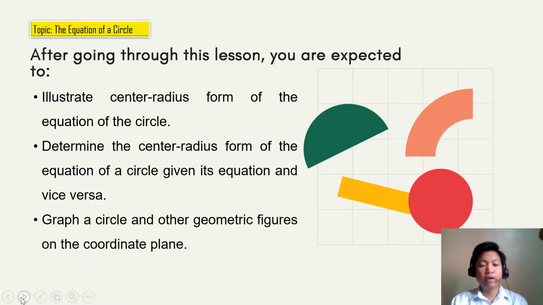And last is to graph a circle and other geometric figures on the coordinate plane. So how are we going to graph a circle in the Cartesian coordinate plane? These are our objectives in this topic, the equation of the circle. So I hope at the end of this tutorial ay ma-achieve natin lahat ng goal na ito. Okay, so let's start.